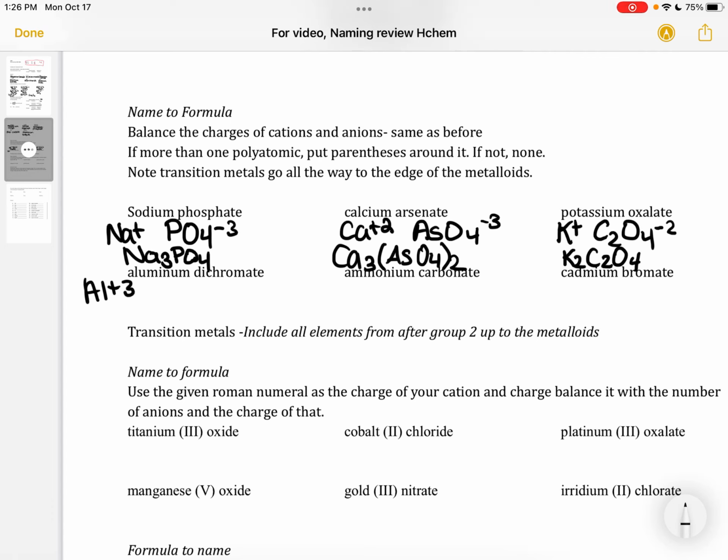Aluminum is a +3. Dichromate, Cr2O7 with a -2 charge. Okay, so here we have to meet at 6 again. So I'm going to need 2 aluminums and 3 dichromates.